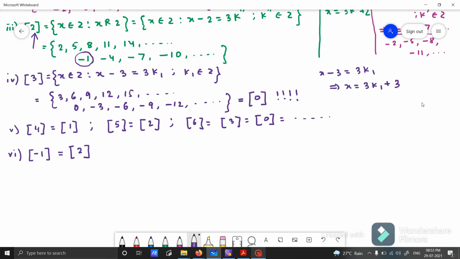Now let us check it out. What is equivalence class of minus 1? It will consist of all those integers x such that x is related to minus 1. I'm not including the set format anymore. X related to minus 1, what does it mean?